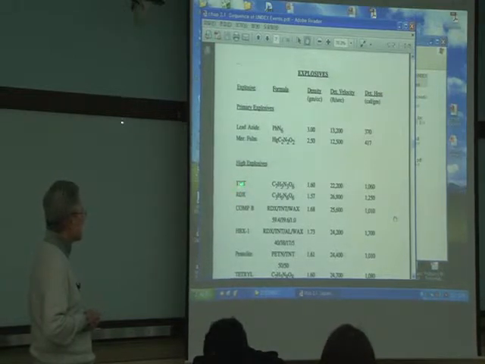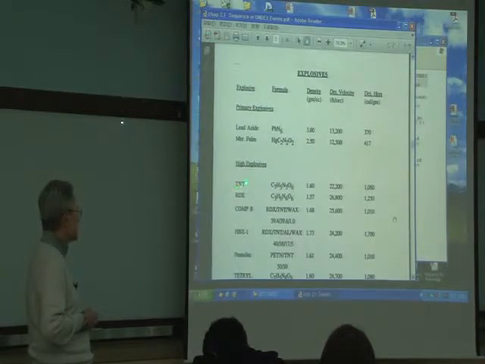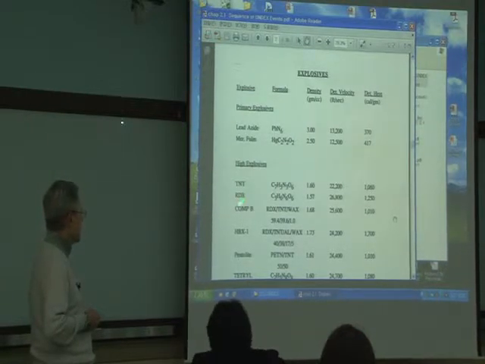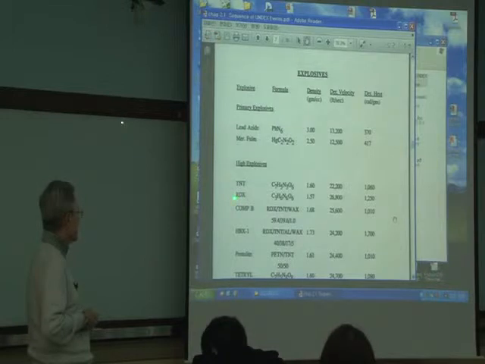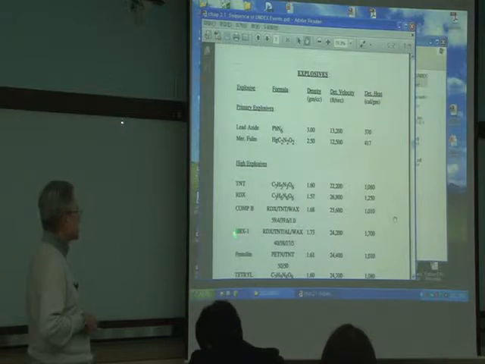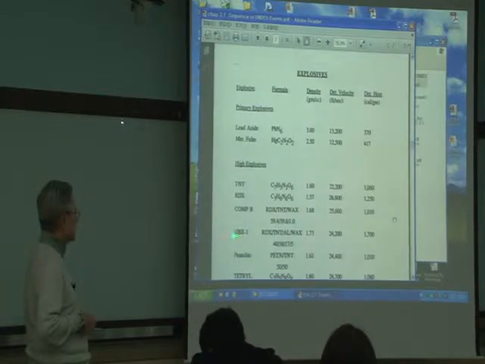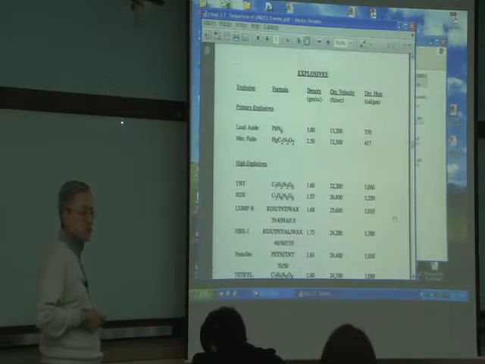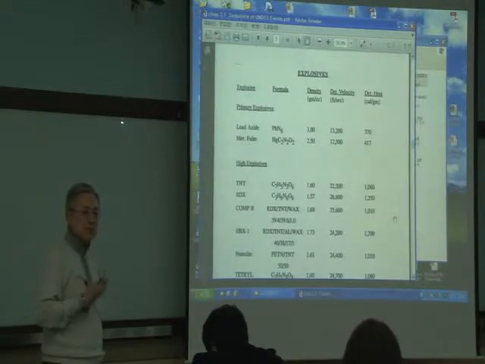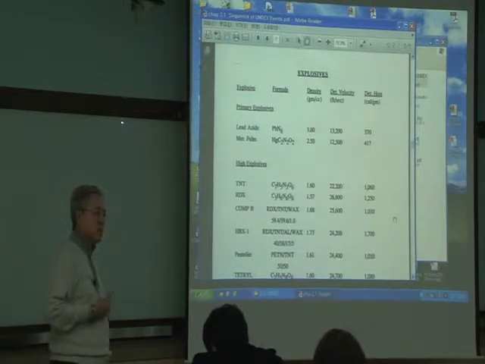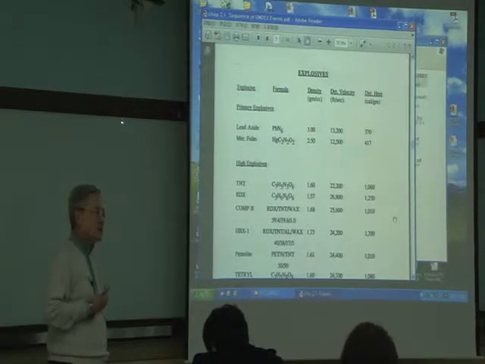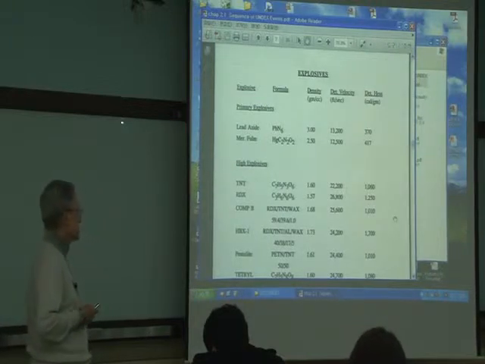I was using TNT all the time. COM-B and HBX1 are Navy explosives, and for the ship shock trial, the U.S. Navy is using HBX1, which is about 50% higher strength than the TNT.